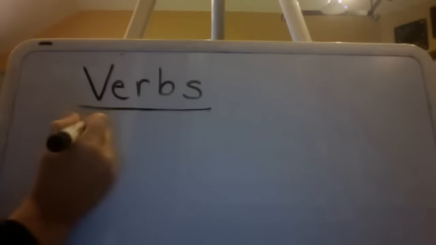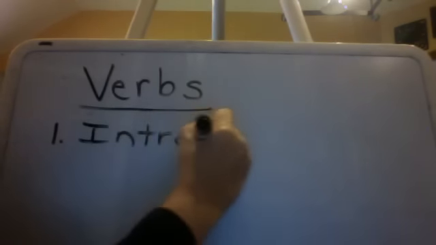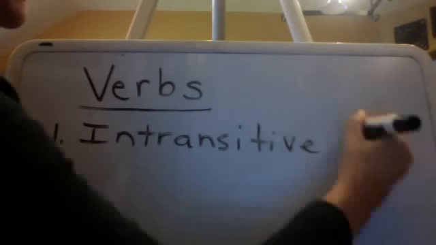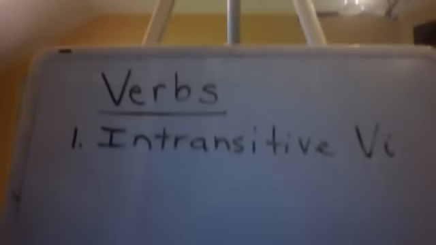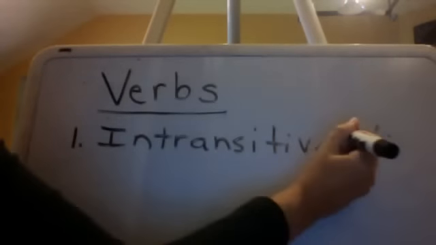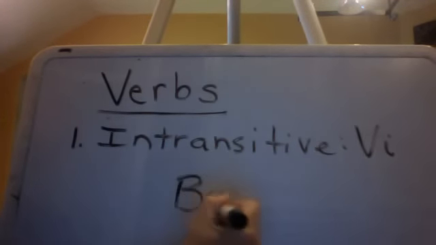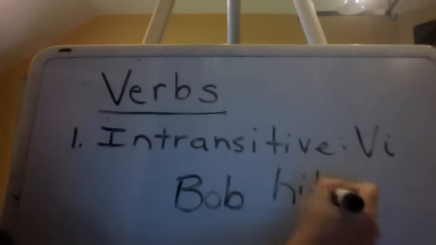So we talked about the first type of verb, which is an intransitive verb. We abbreviate that verb intransitive. Sorry about that. That's the abbreviation. And what this means, we have the sentence Bob hit.